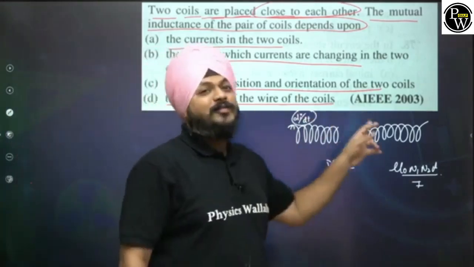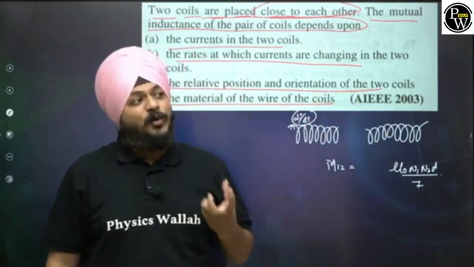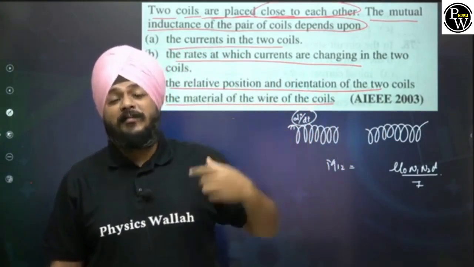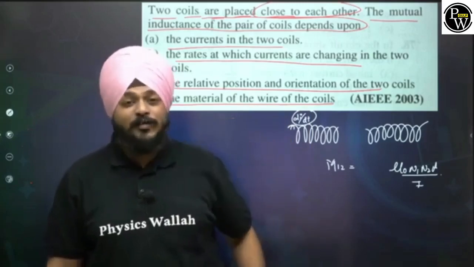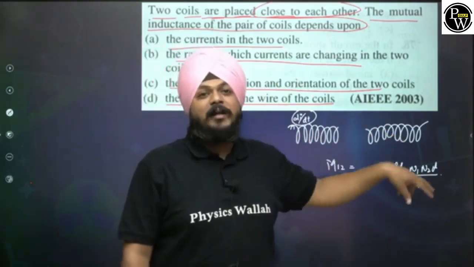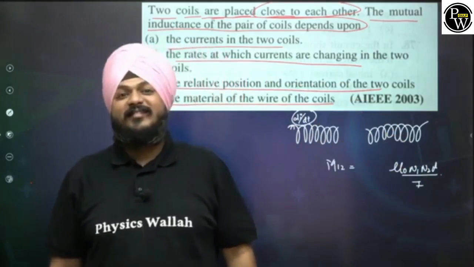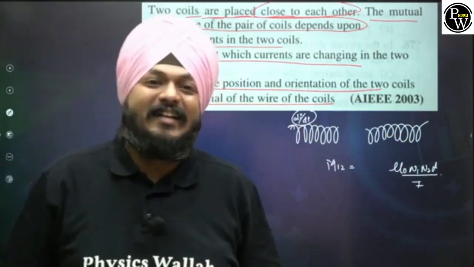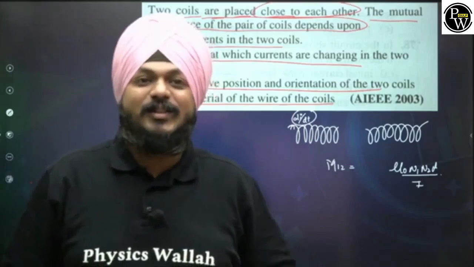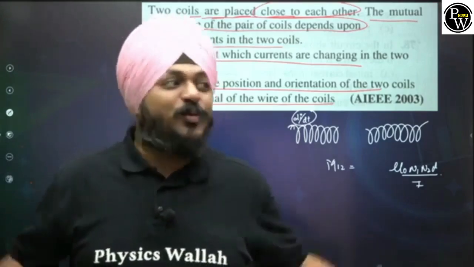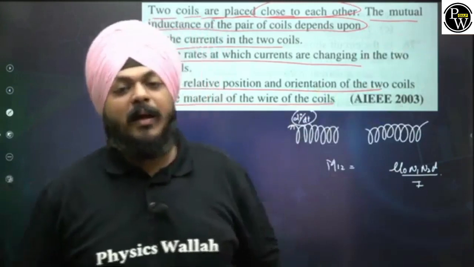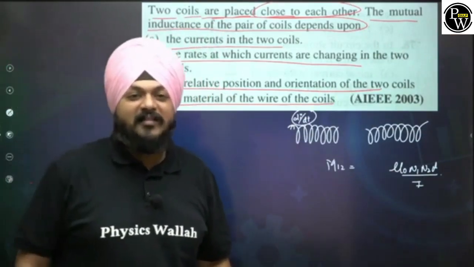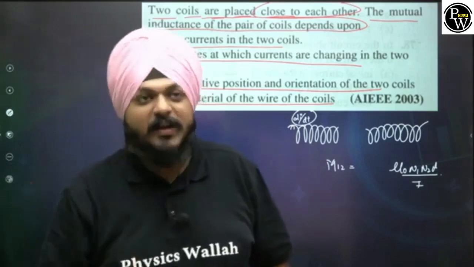So the choice of the second coil, whether I want to introduce a mutual EMF into myself or not, depends on the type of the material, whether it is allowing or not. Things completely depend on whether I want to move on or not.